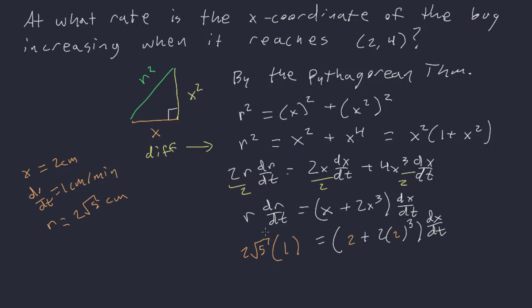Okay, so here we are. 2 root 5 times 1, that 1 centimeter per minute, is equal to 2 plus 2 times 2 cubed, all times dx/dt. Now, you might be wondering, well, this is going to be centimeters cubed, right? Well, no, this x squared, that's, remember, just our y.